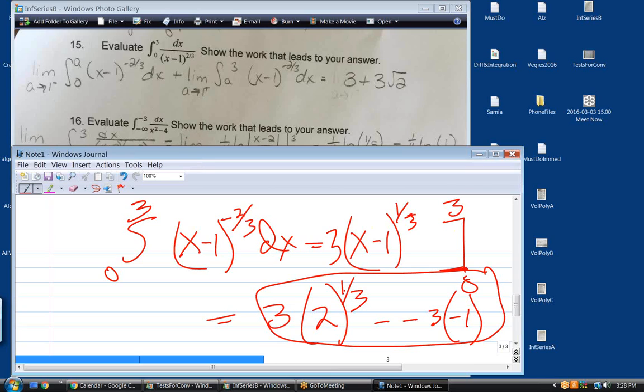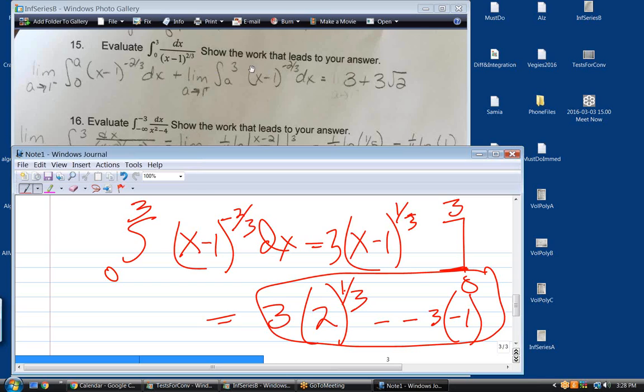We have to go from 0 to 1 from the left side, and then go from 1 from the right side to 3. In other words, we have to do it in 2 pieces, which is what she's done here. On the left side, she's going from 0 to 1, approaching from the left.